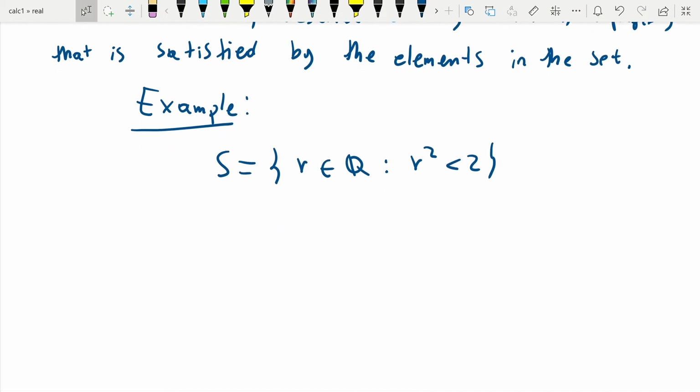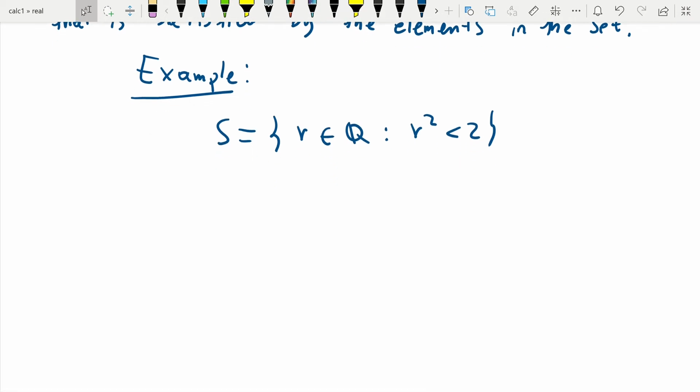So far we only have the rational numbers. We only know of the existence of integers and rational numbers. So we can write S as the set of elements r such that r squared is less than 2.